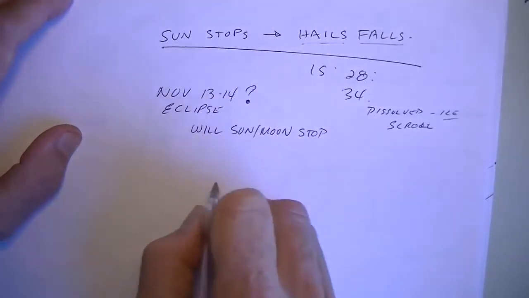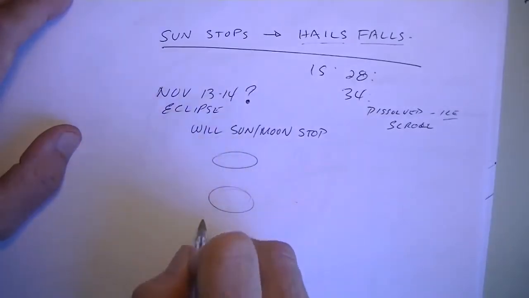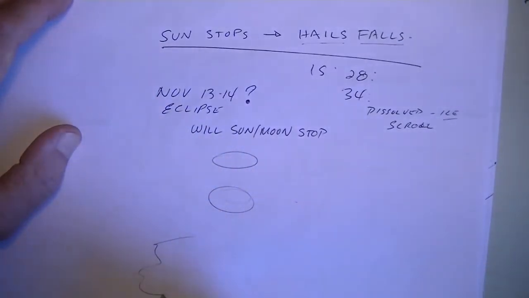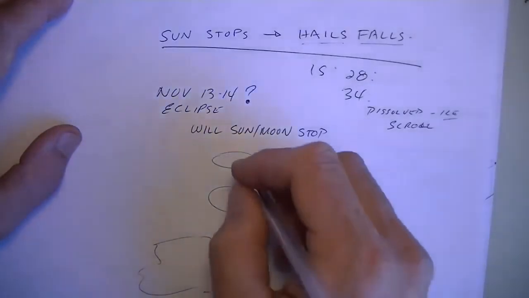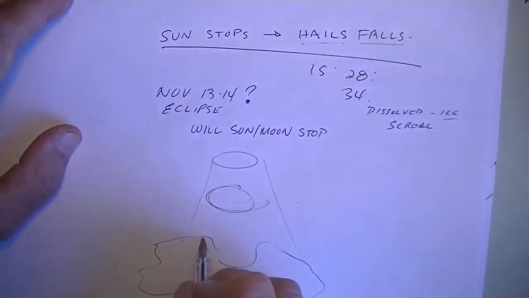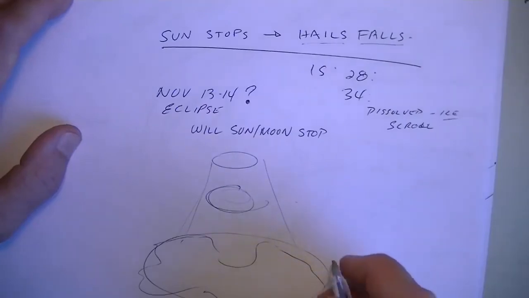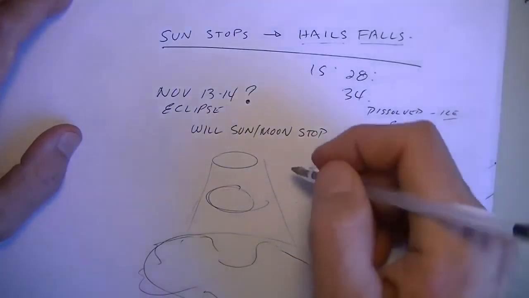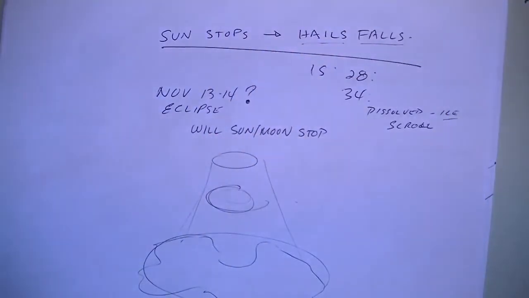Will they align themselves? So we have the sun on top of the moon over the continent of Australia. Will the moon cast a shadow on the ground? In the book of Zechariah, it talks about a day where it's actually not day nor night.